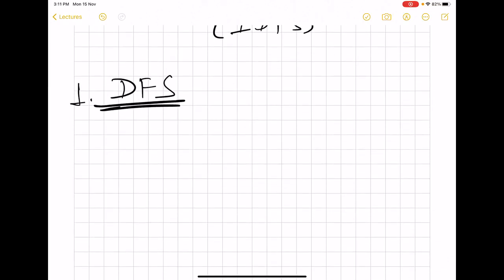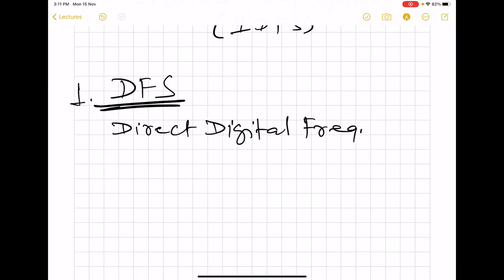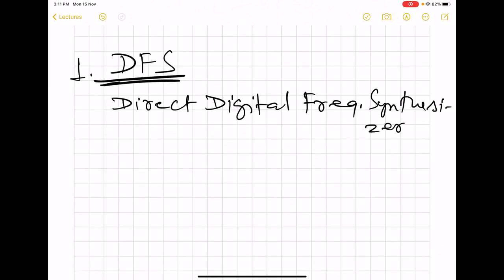As I pointed out, this is basically a direct digital frequency synthesizer. These have a certain advantage.